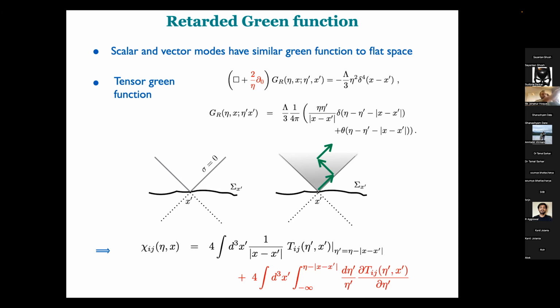So that actually generates this theta term. If you just solve in terms of chi ij, it generates a tail integral, going from -infinity to eta retarded. So basically, this tail integral says the field at point eta and x doesn't depend only on the retarded history of the source, but it depends on all the past memory of the source also.